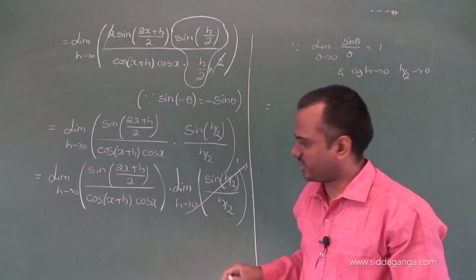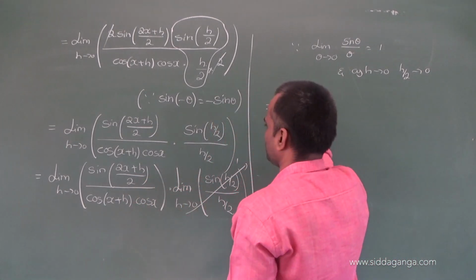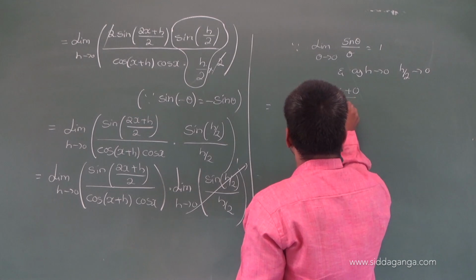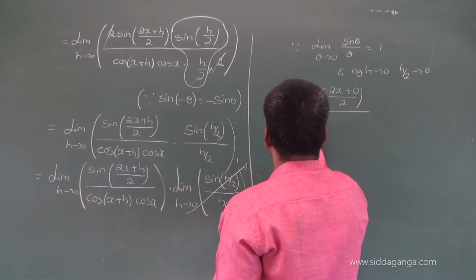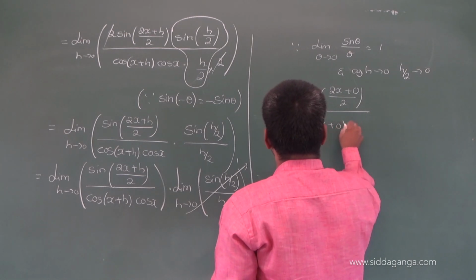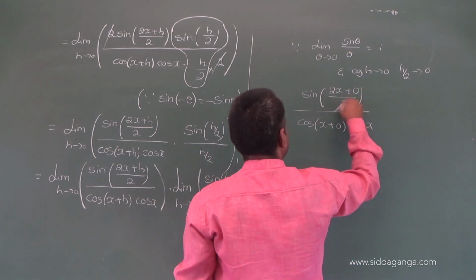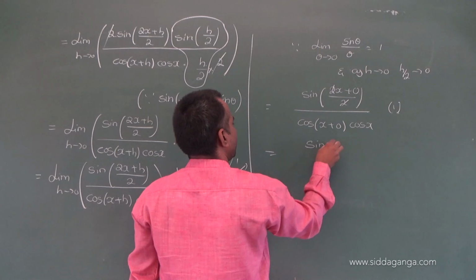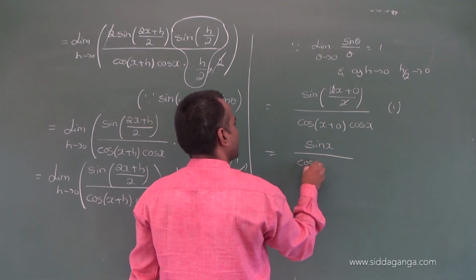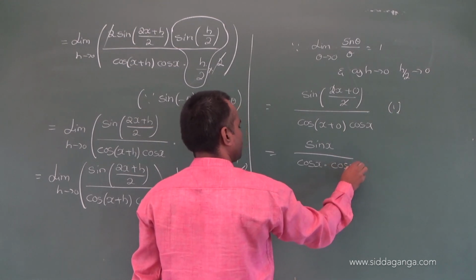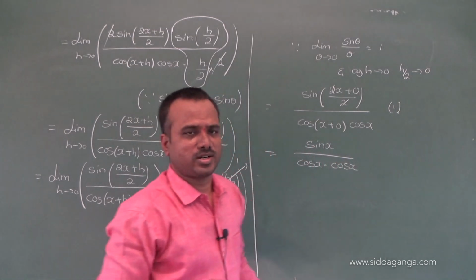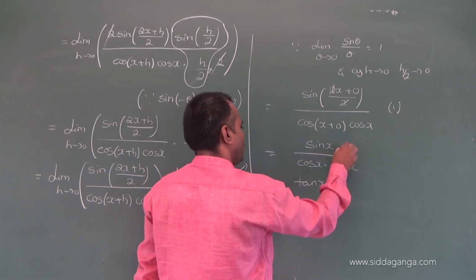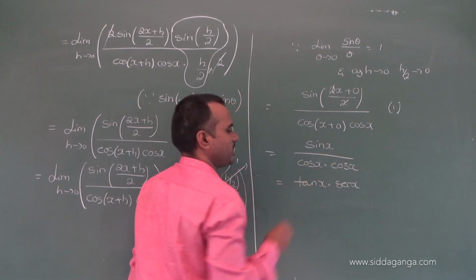Wherever h appears, substitute 0: sine of 2x plus 0 by 2, whole divided by cos of x plus 0 into cos x. The 2 gets cancelled, giving sine x divided by cos x into cos x. Sin theta by cos theta is tan theta, so tan x into 1 by cos x, secant x.